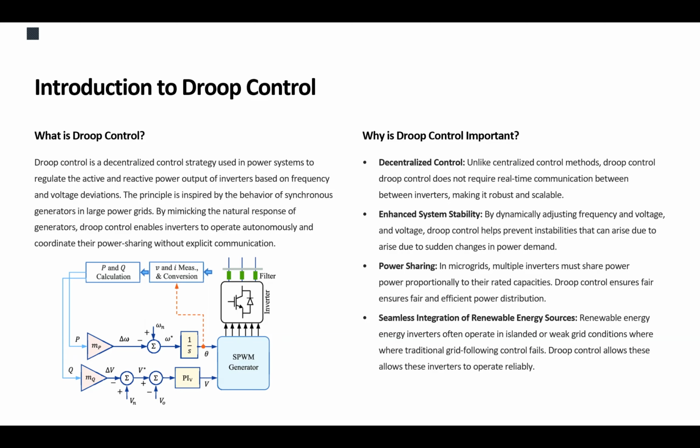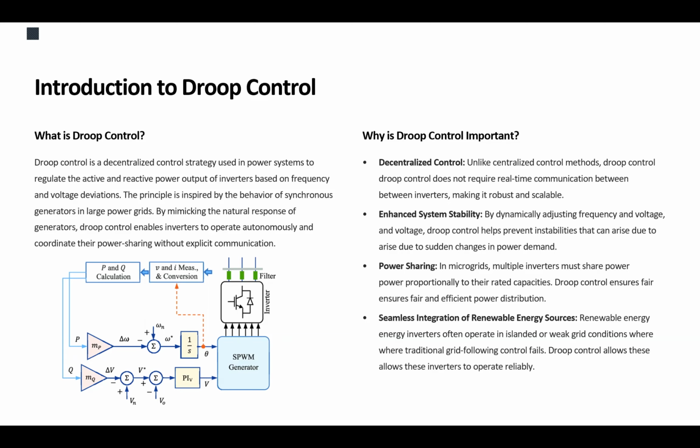We are going to go a little bit deeper into the Droop control methodology and see what is going on inside it, and get more familiar with how to design the control and how to implement it for inverter-based resources, both single phase and three phase.